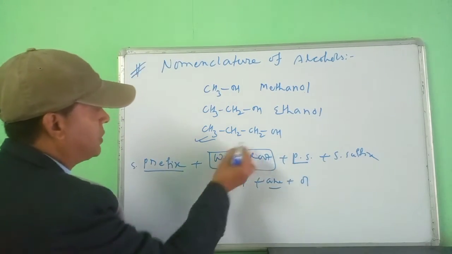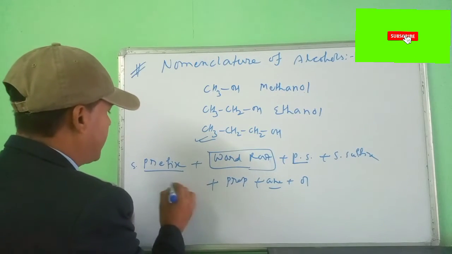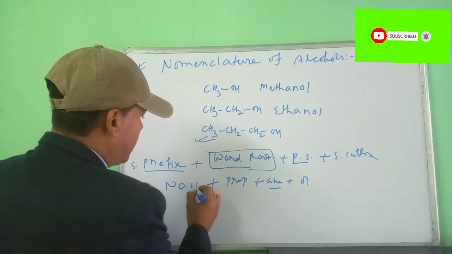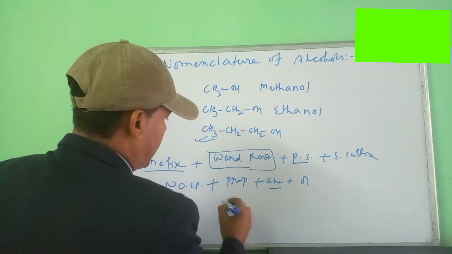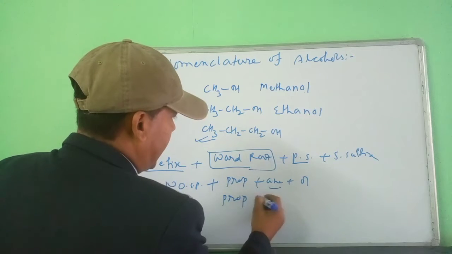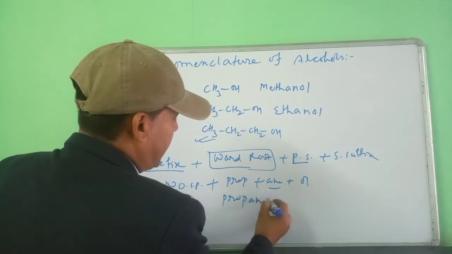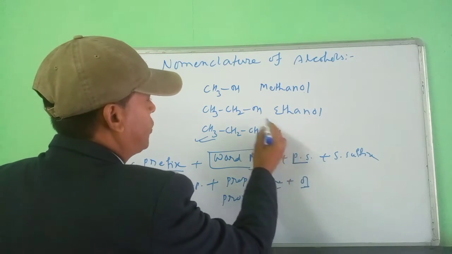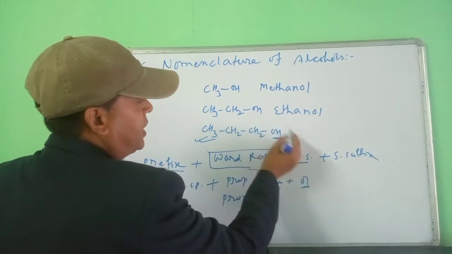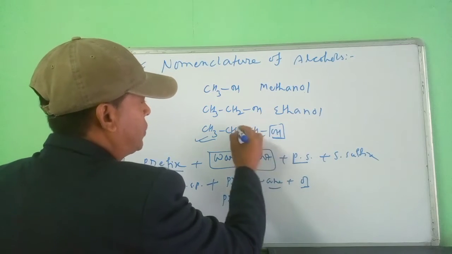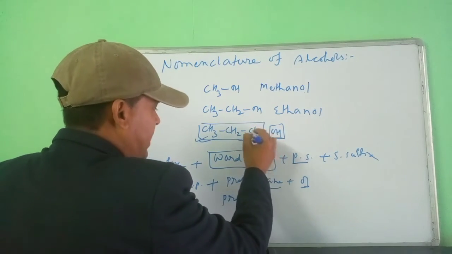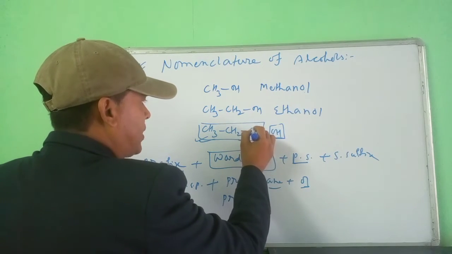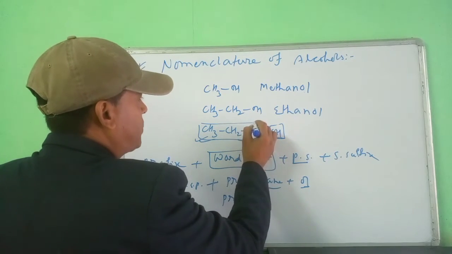Before the word root there is no term, no alkyl group, and no secondary prefix, so only prop plus ane, with the e replaced by ol. We also have to write the position if there are more than 2 carbons. The OH is bonded to the parent chain, and that carbon gets the lowest possible number.